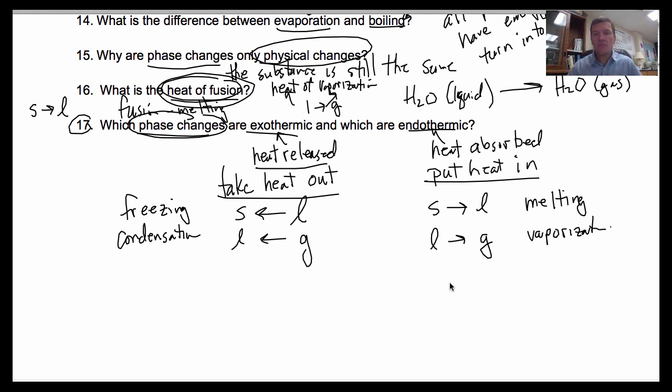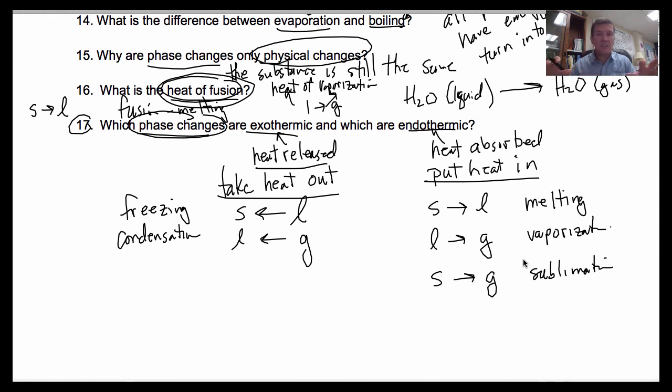And then also you can take a solid and have it turn straight into a gas. That is sublimation. That's going to require you to heat up that solid and turn it straight into a gas. That would be like ice sometimes in the winter. If you see a patch of ice, it doesn't warm up.